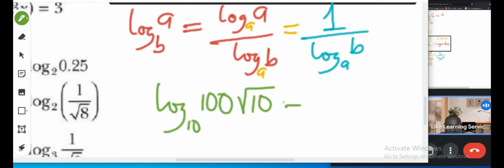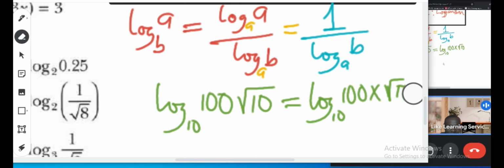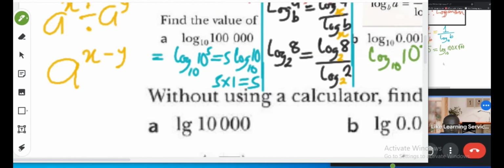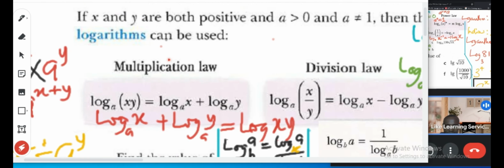Do you know it's the same thing as saying log in base 10, 100 times root 10? I hope you know. Yeah. Okay, let's apply the multiplication law. I know you have to be scrolling up and down because of the way we zoom this thing in. Multiplication law: when you have log of something times something, you simply say log of one of them plus log of the other, isn't it?